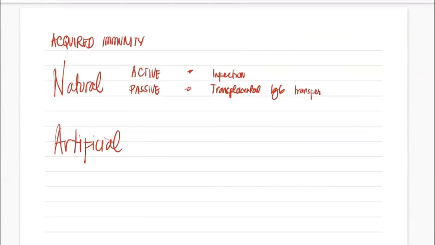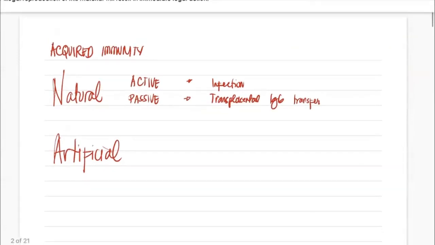Okay, now we also have artificial means, no, of acquiring immunity. Pag artificial active, kumbaga merong consent. Okay, you are given an antigen in order for you to produce an antibody.